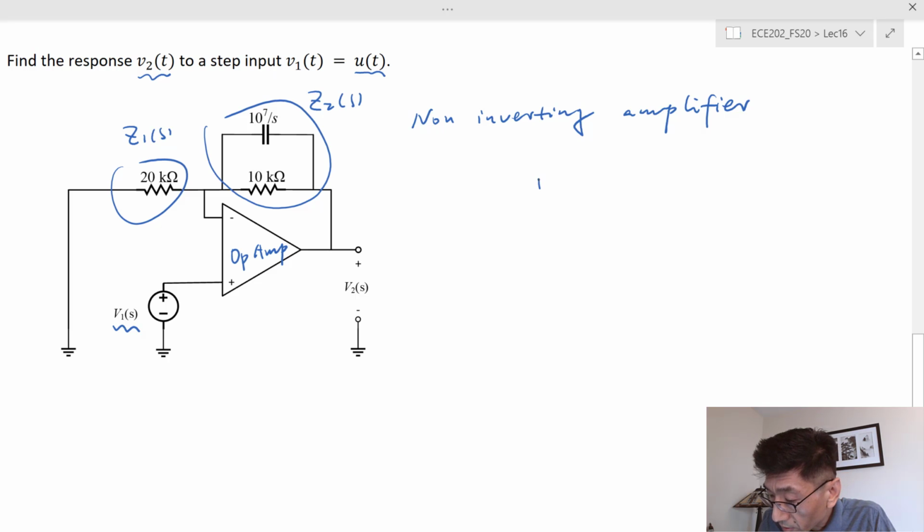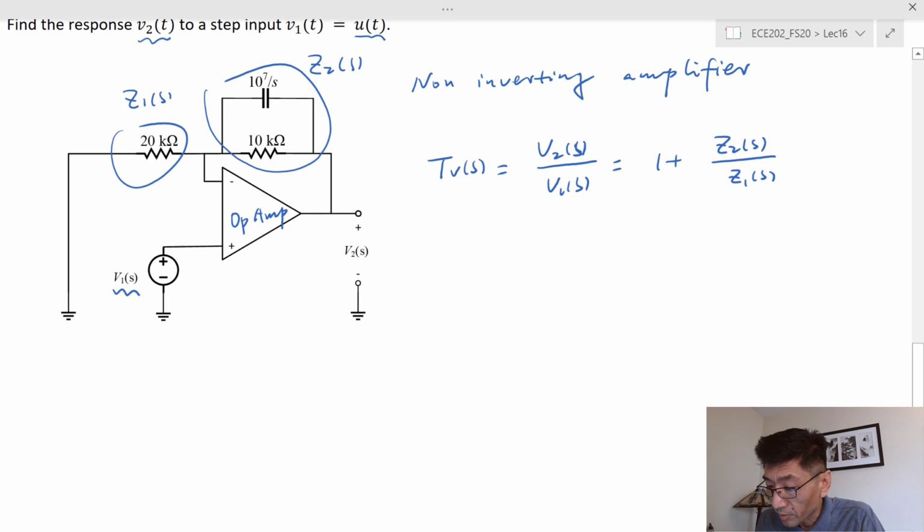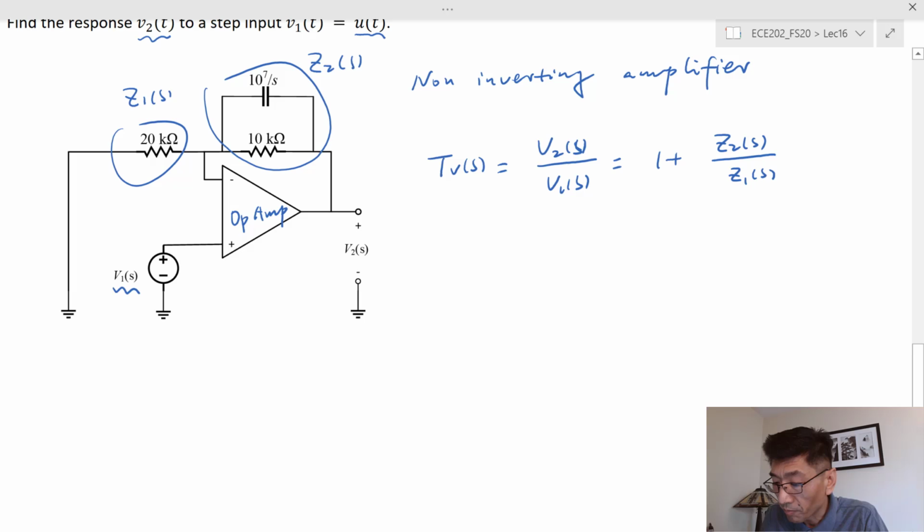The voltage transfer function in this case is going to be equal to V2(s) over V1(s), which is equal to (Z1(s) plus Z2(s)) over Z1(s). I think last time we went through this in a little detail.